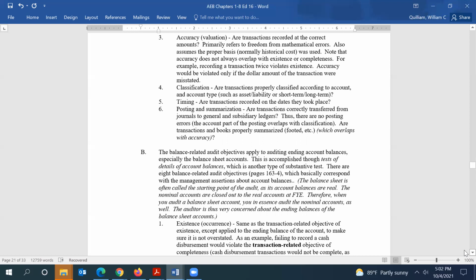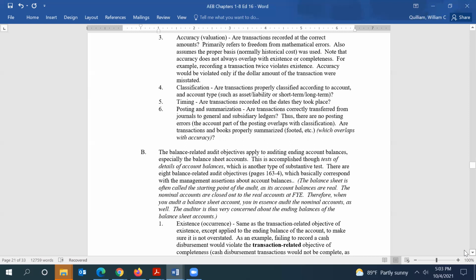Does that make sense? So we have a cash disbursement transaction for $1,000. That $1,000 is correct, but we record it twice. We've only violated, in that case, I'm sorry, existence or occurrence, because we overstated our cash disbursement transactions, albeit for the correct amount twice.